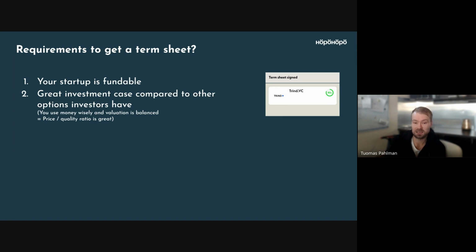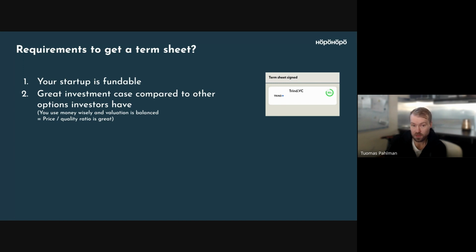This means you have a roadmap and a plan for what you're raising, you use the money wisely on the right things at the right time, and your valuation is balanced with the money you're looking for. Ultimately, when investors are buying shares, like any type of buying, they look at the price to quality ratio, and you need to have that really accurate for the investors.